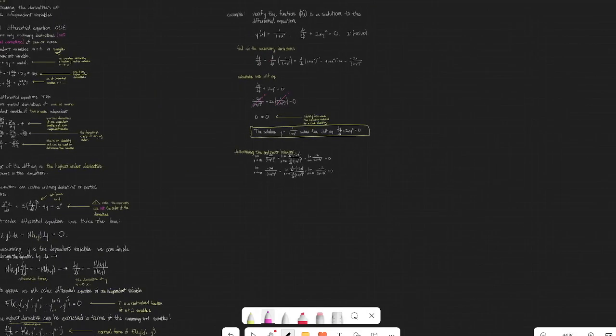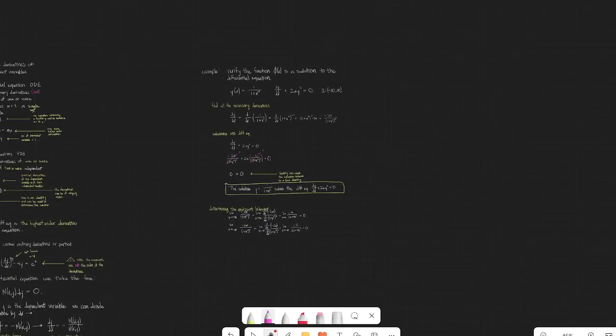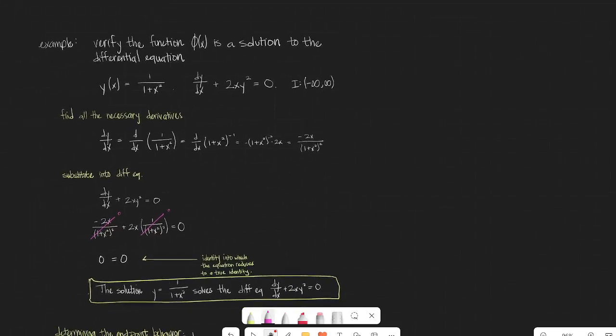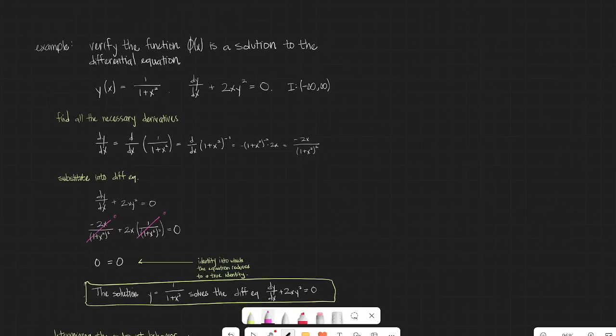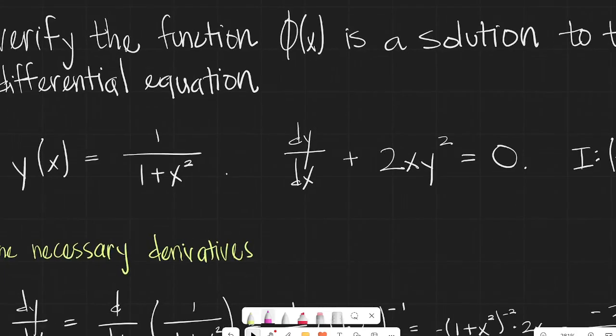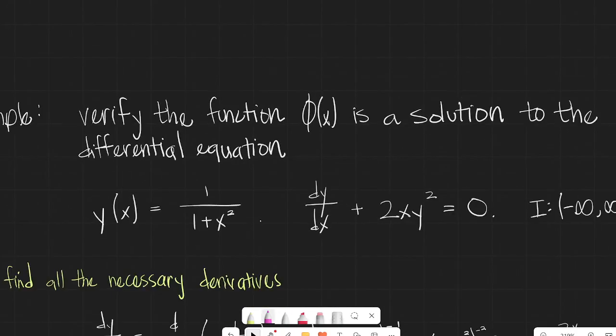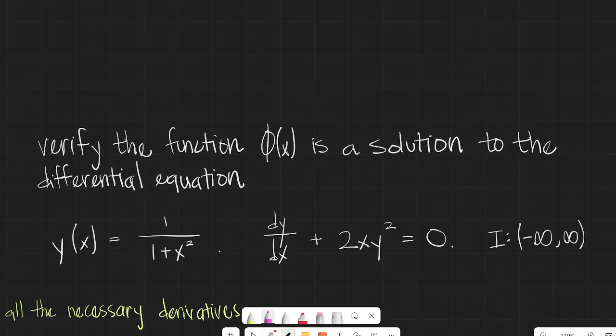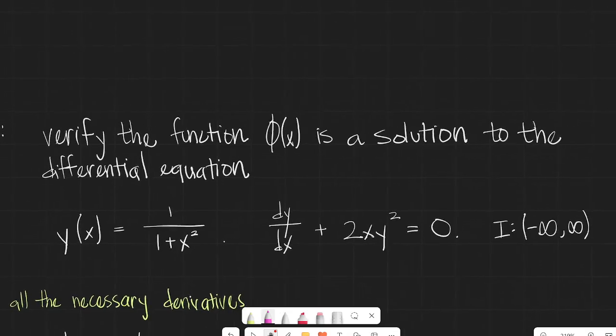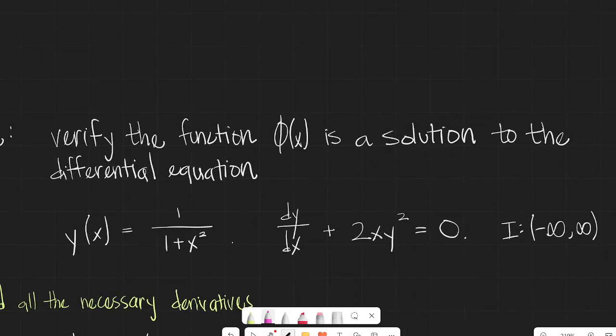And then up here, I just did a quick example to build some intuition. So we need to verify that this function, phi of x, is a solution to a differential equation.